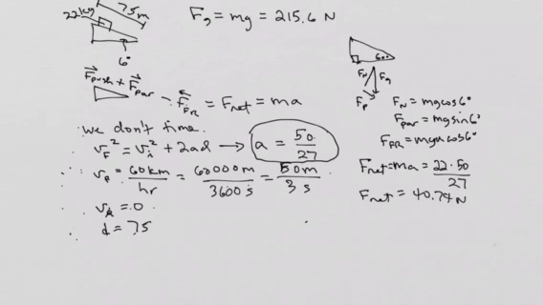Then F sub net, 40.74, equals F sub push, which we don't know, that's what we're trying to solve for, plus the parallel force, and minus the force of friction.